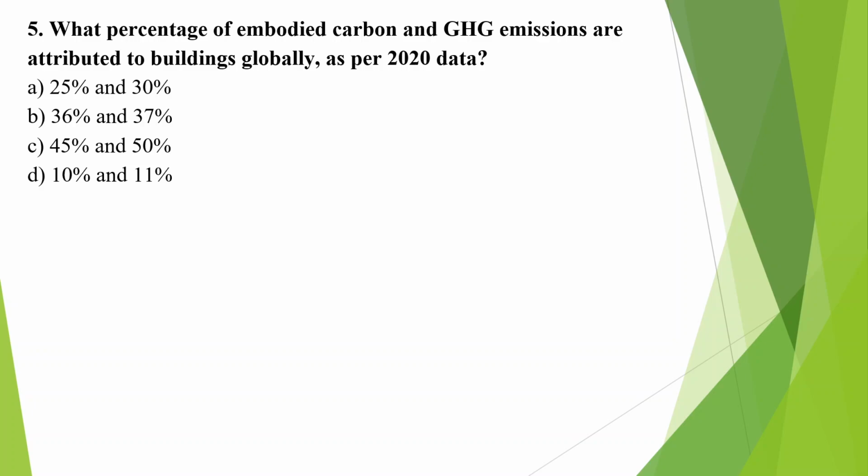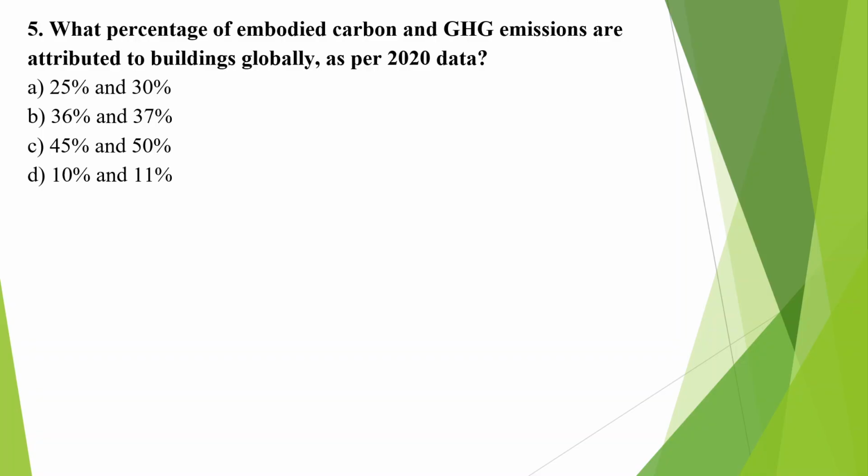In the first question also, we have explained how much the emissions were. In this, only the embodied carbon emissions have been added with greenhouse emissions. That greenhouse emissions portion we have already covered. So that will be helpful if you were part of the discussion session of question number 1. Then you can easily answer this question number 5.